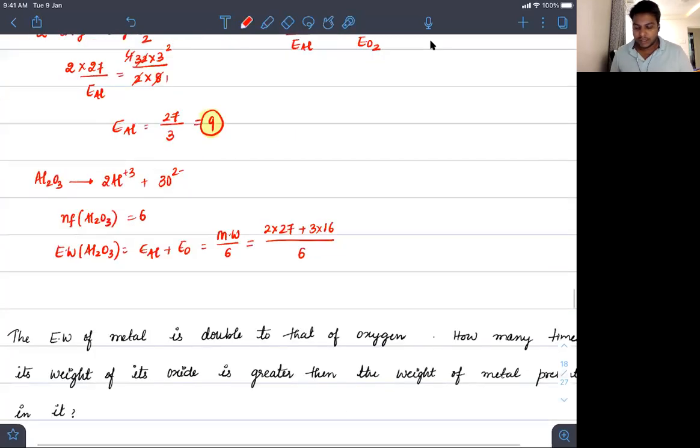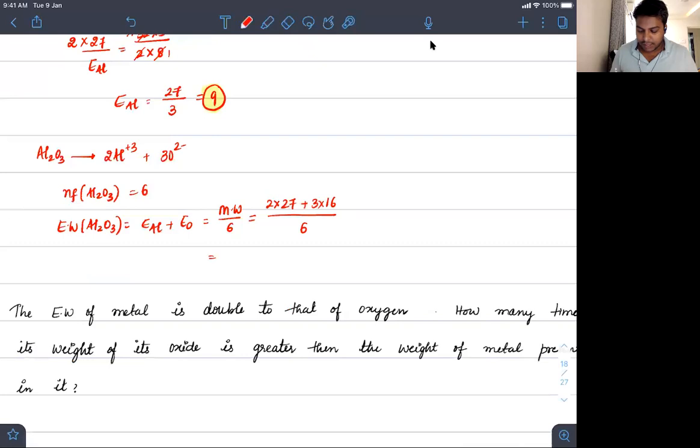Clear? So we can write this as 2 into 27 by 6 plus 3 into 16 by 6, dividing it individually because it goes more easily here.